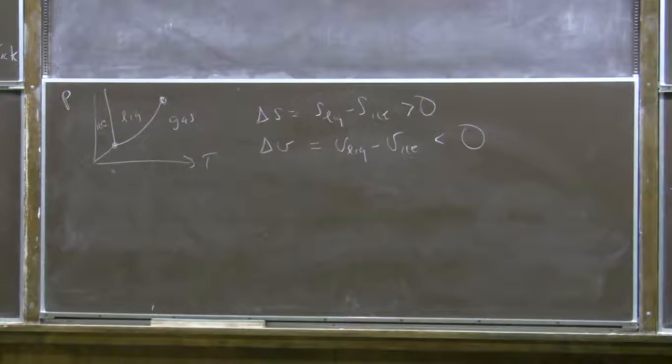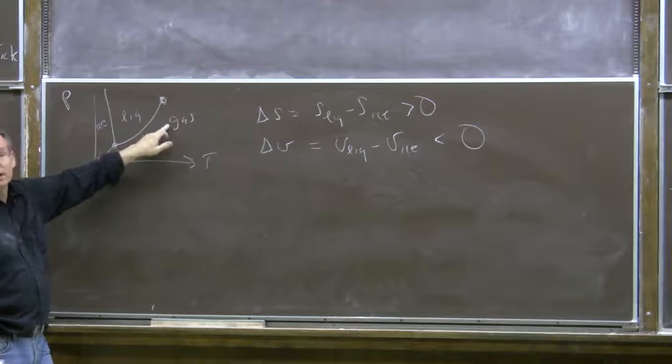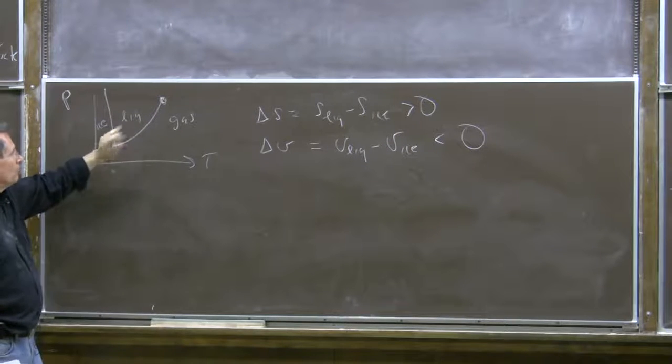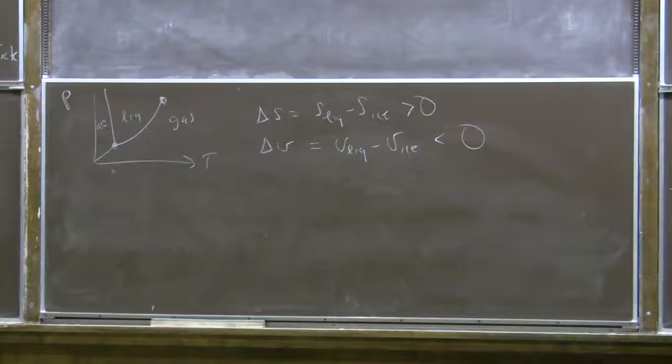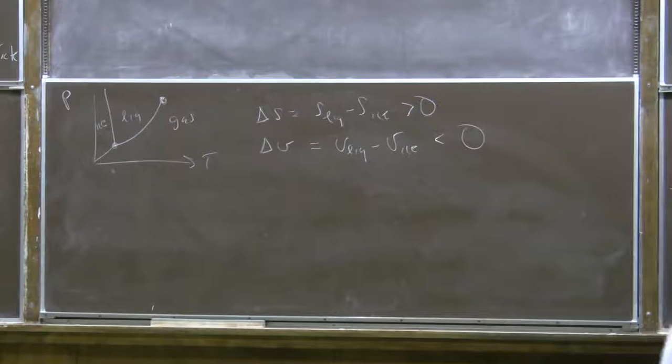So that's why dp d tau is negative for the coexistence of liquid and ice, although it's positive for coexistence of liquid and gas. Most phase transitions of this type have a positive coexistence curve. As you said, ice is weird. It's unusual for the lower temperature phase to have lower density than the higher temperature phase.